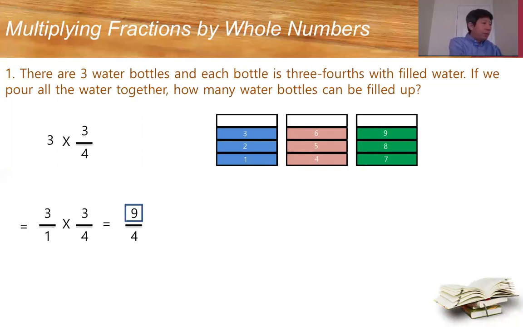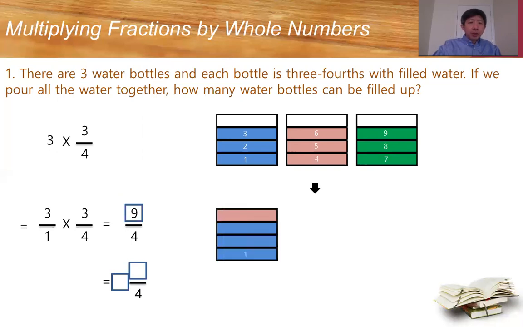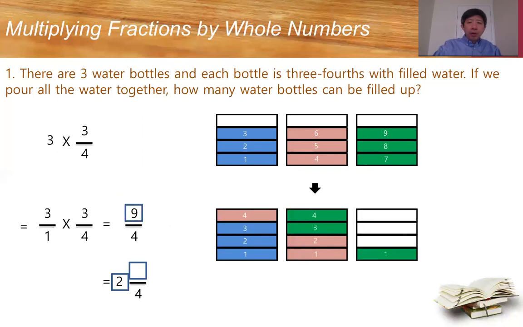So this is an improper fraction. And also we can change this into a mixed number, which is 2 and 1/4. Why is it 2 and 1/4?